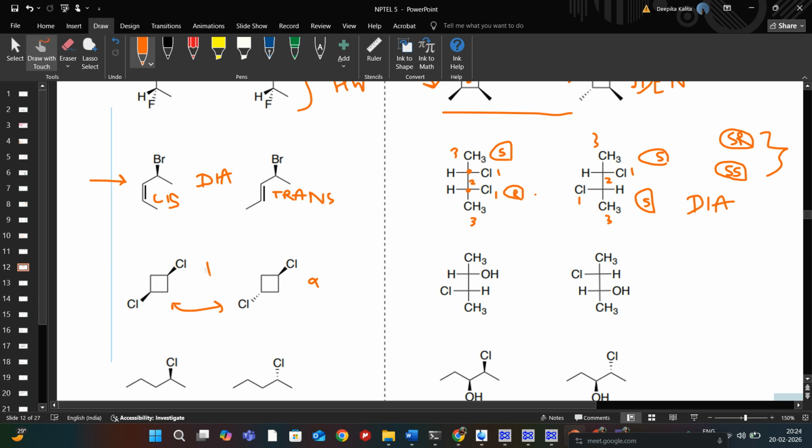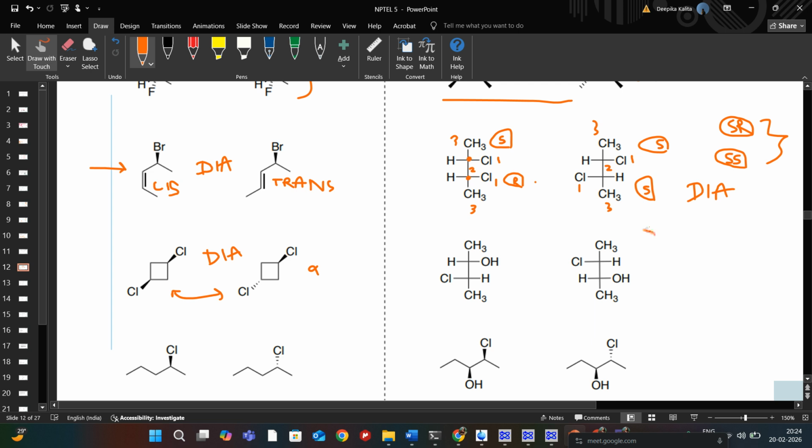These are rather diastereomers. And for this pair you can solve in the same way we solved the previous example, and you will see that these two are actually enantiomers of each other.